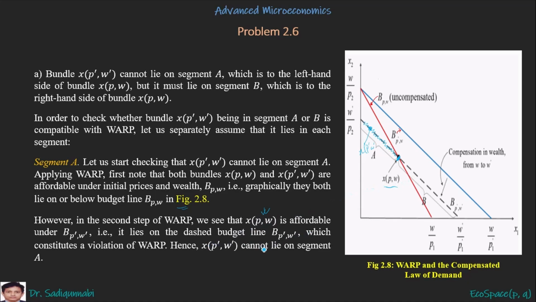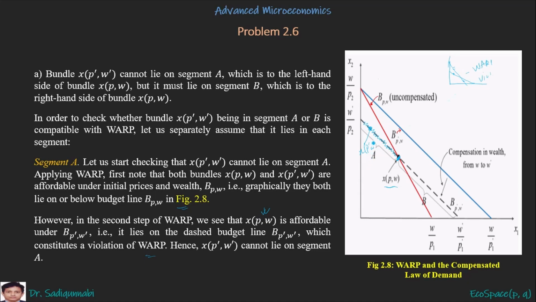So in our WARP case, if these are two budget sets, and one point is here and the other point is there, that means WARP is violated.